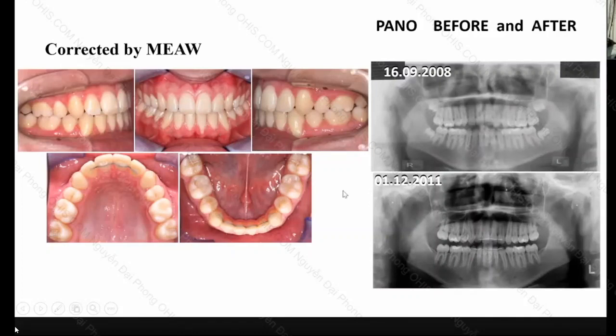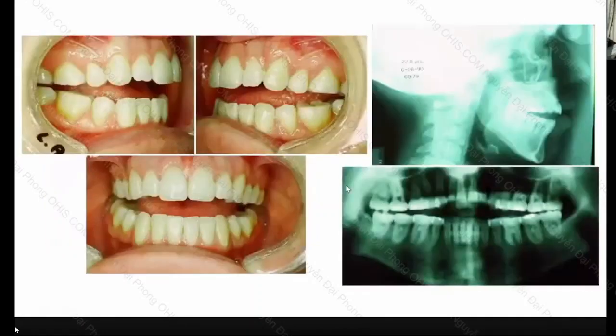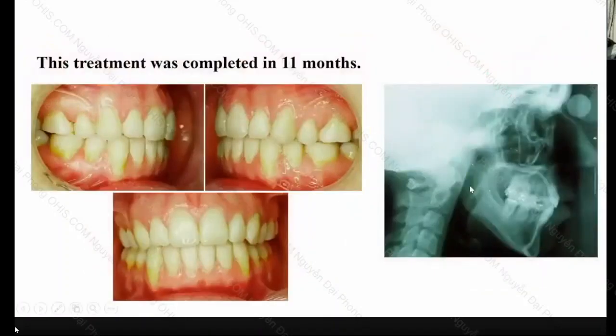This is another case. Again, premolar extraction and previously treated, but once again an open bite like this, because here the problem is the molar crowding. Therefore, we have to eliminate molar crowding.